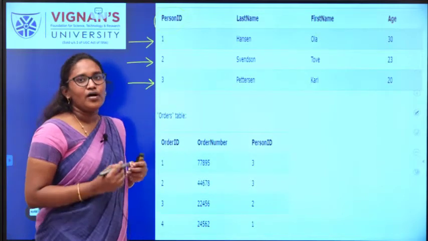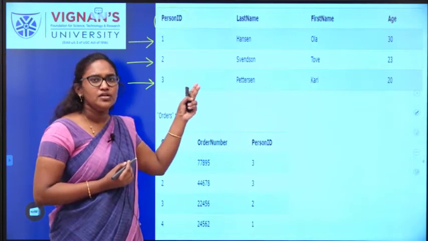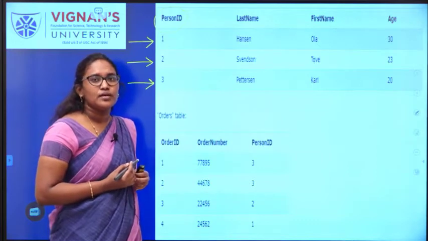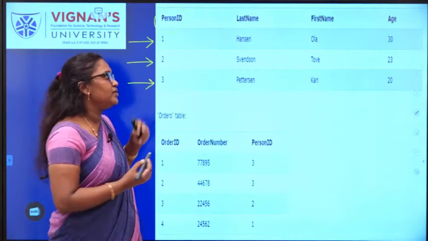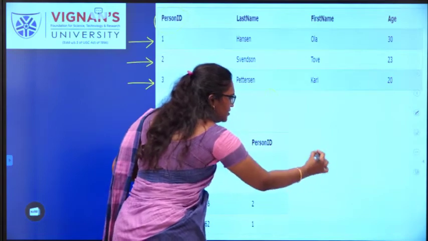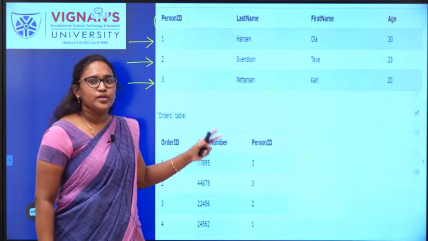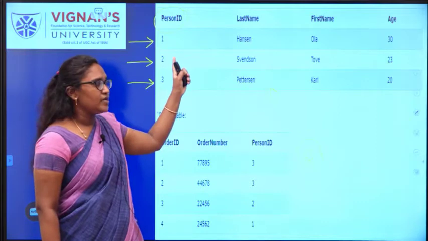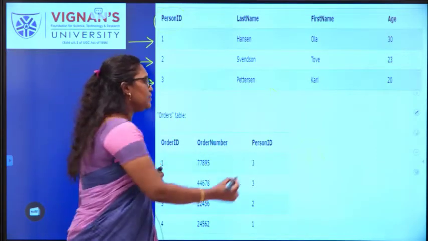So what is the meaning of a foreign key then? We are establishing a relationship between two tables, right? Establishing the relationship between the first table and the second table means we use the primary key of the first table in the second table.